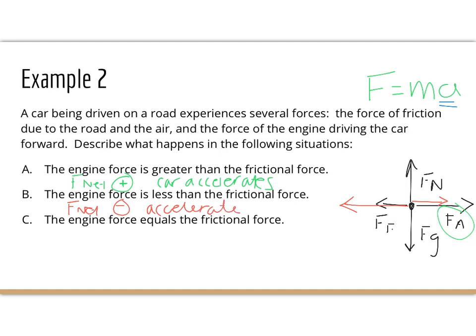In the negative direction. I guess I should have added it in our first example here. The car accelerates in the positive direction. Okay, last one here. The engine force equals the friction force. So if these two vectors are equal and opposite, F net equals 0. Therefore, there's no net force and the car doesn't move.